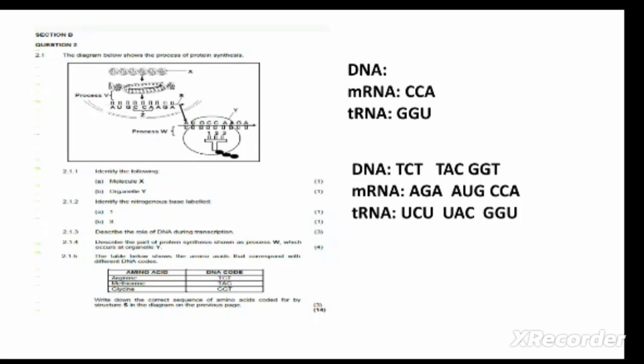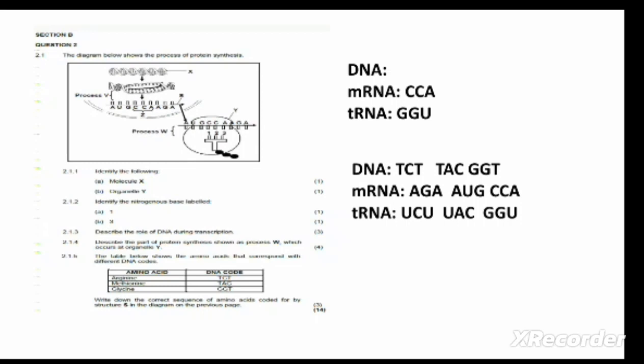T pairs with A, C pairs with G, T pairs with A. For these base triplets, T pairs with A, C pairs with G, and then G pairs with C, G pairs with C, T pairs with A. So we have the mRNA, and then let's look for the tRNA as well.